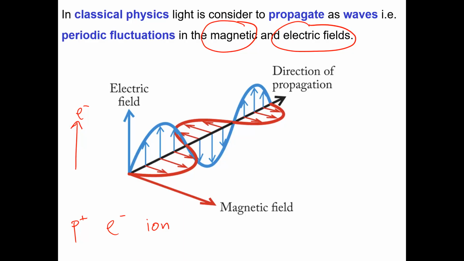Now, according to classical physics, whenever you create an electric field at 90 degrees to that, you create a magnetic field. So a fluctuating electric field will create a fluctuating magnetic field. And that magnetic field will push or move our electric field. So our electric field now creates a magnetic field in a different location, which pushes our electric field, and so on and so forth.